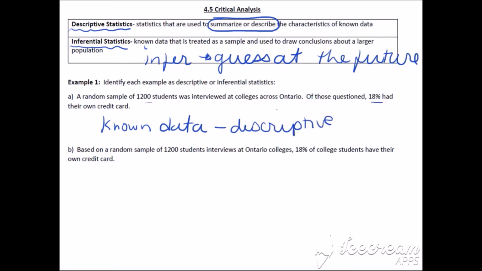Okay, now let's look at the wording of the next one. Based on a random sample of 1,200 students interviewed at Ontario colleges, 18% of college students have their own credit card. So this is based on, and then you could say how many students out of 2,000 would have their own credit card, right?